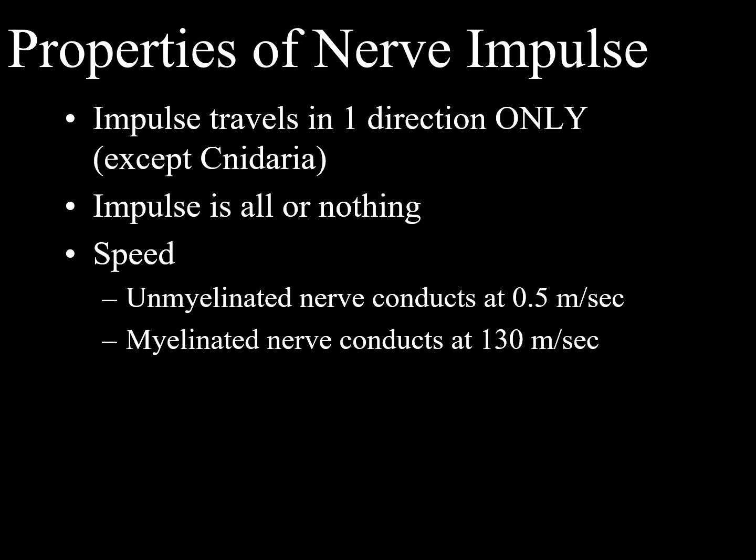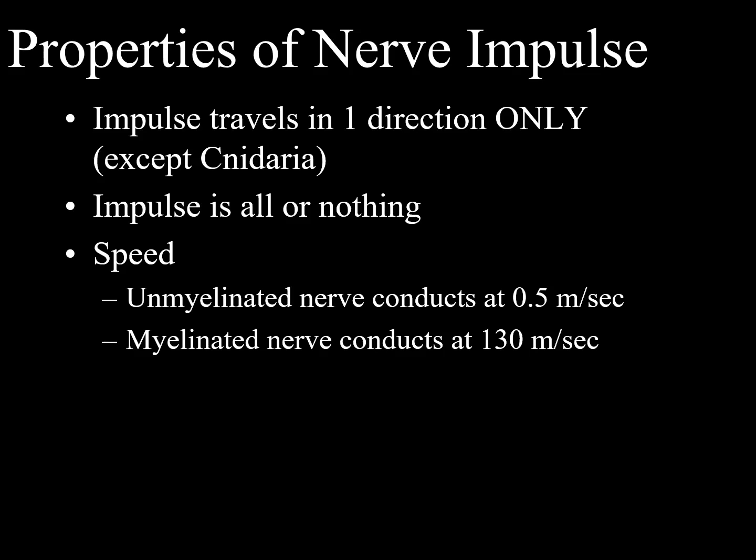The speed, though, is very different if you compare unmyelinated neurons and myelinated neurons, because if you have myelinated neurons, the action potential is basically just jumping from one node of Ranvier to the next, and so it can go down much faster. So unmyelinated neurons conduct nerve impulses at about 0.5 meters a second. That's pretty slow if you think about it.